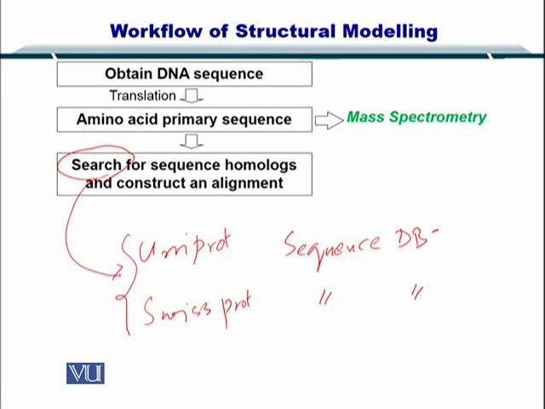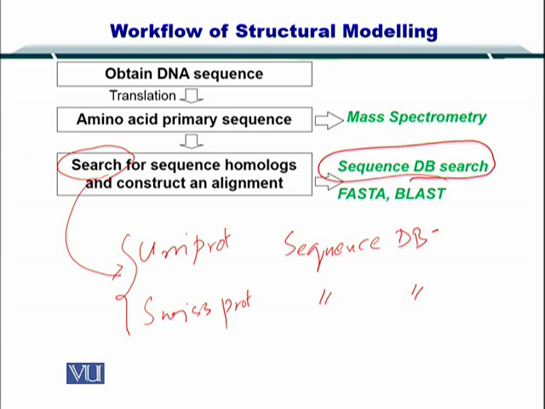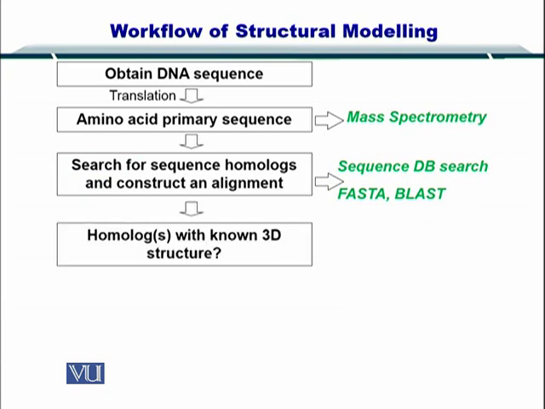Towards this goal, after you search the sequence databases, you need to perform a BLAST, a sequence BLAST. The BLAST algorithm will give you the best or the closest sequences from the database when compared with your protein.